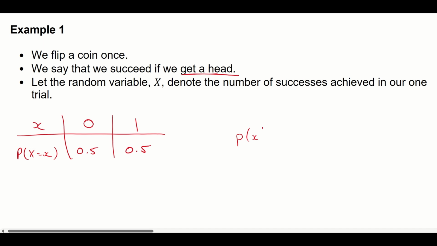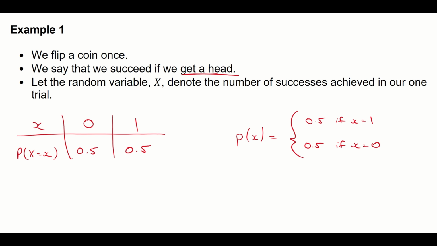It might be written like this. The probability of x is equal to 0.5 if x is 1. And it's also equal to 0.5 if x is 0. So in this particular Bernoulli trial, we've got equal probability of success as we do failure. So it's equally likely to get a head as it is to get a tail.